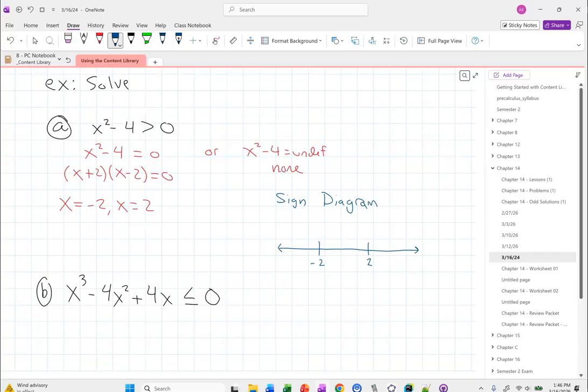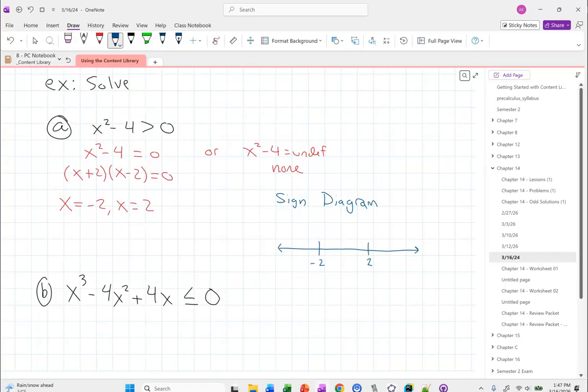Now I observe that my number line's been divided into 1, 2, 3 different sections: the stuff less than -2, the stuff between -2 and 2, and the stuff bigger than 2. I'm going to pick a test value from each of those 3 sections. The value I pick doesn't really matter, but it needs to come from one of those sections.